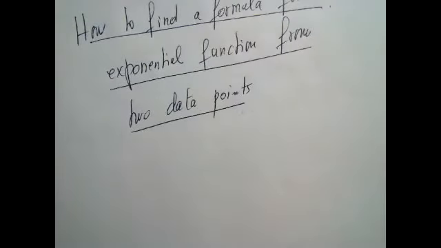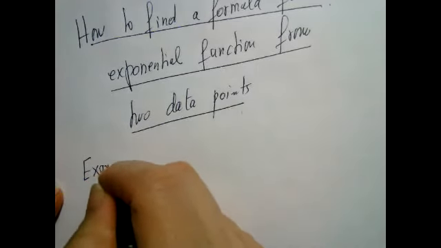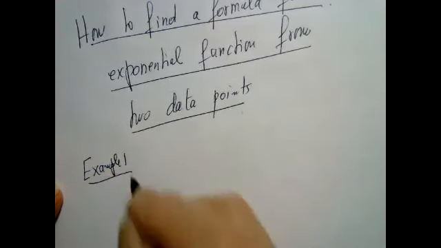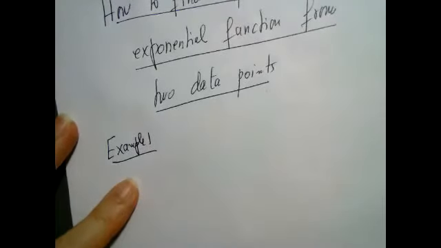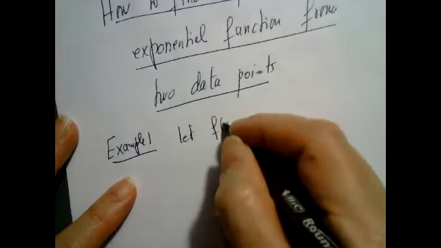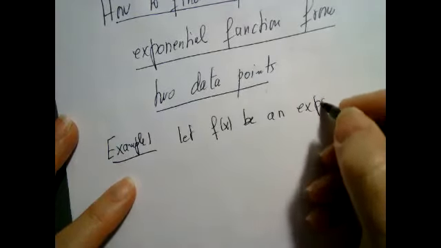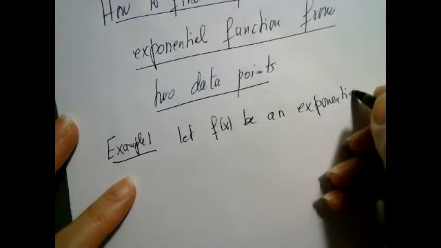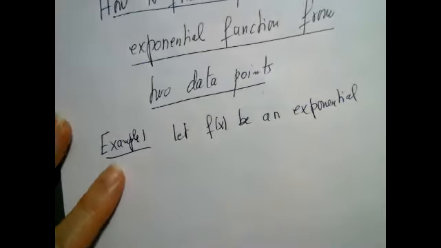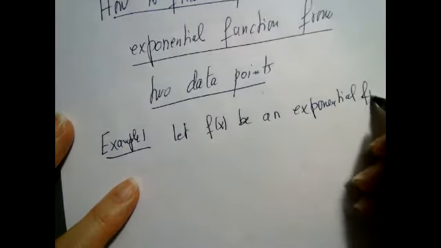So example number 1. Let f of x be an exponential function. It means the formula is a times b to the x.